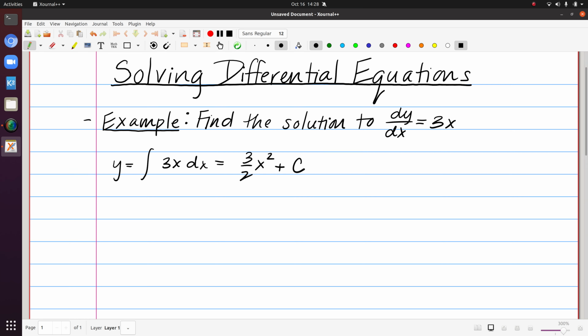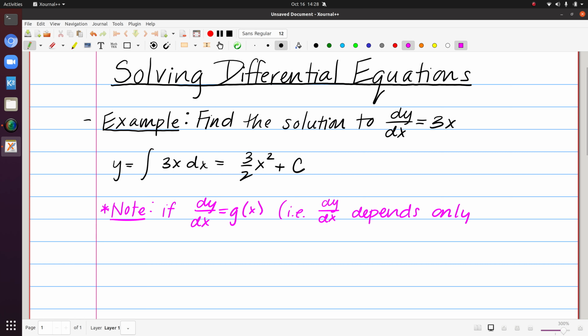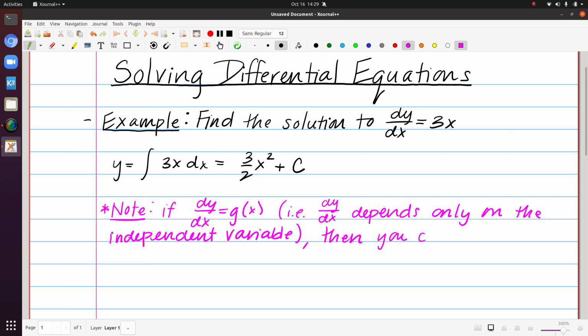What I'd like to take away from this example, which is going to be useful to keep in mind, is a more general idea that if dy dx can be expressed as a function of just x, so importantly, what I mean here is dy dx depends only on the independent variable, then the nice thing about these is that you can find the solution by anti-differentiation.